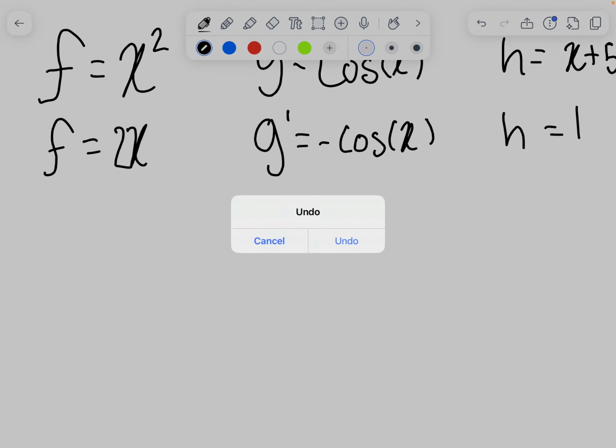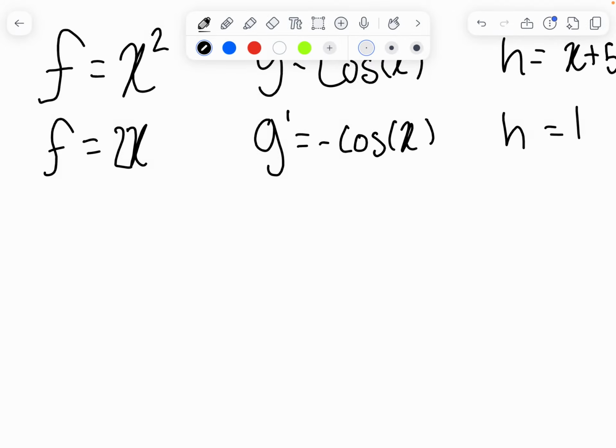So I'm going to be speed running this. Okay, let's go.